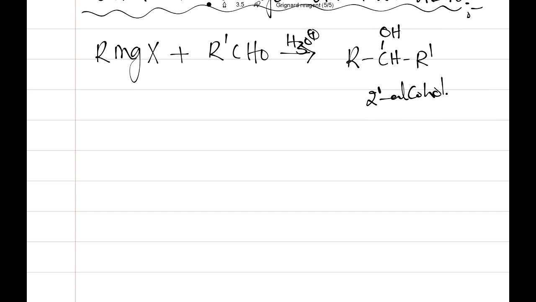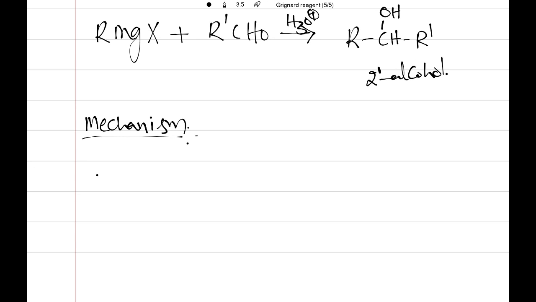Okay, right. If you see the mechanism of this reaction, so how can you write this mechanism? I am taking simply RCHO, and you can take this R dash, no problem.